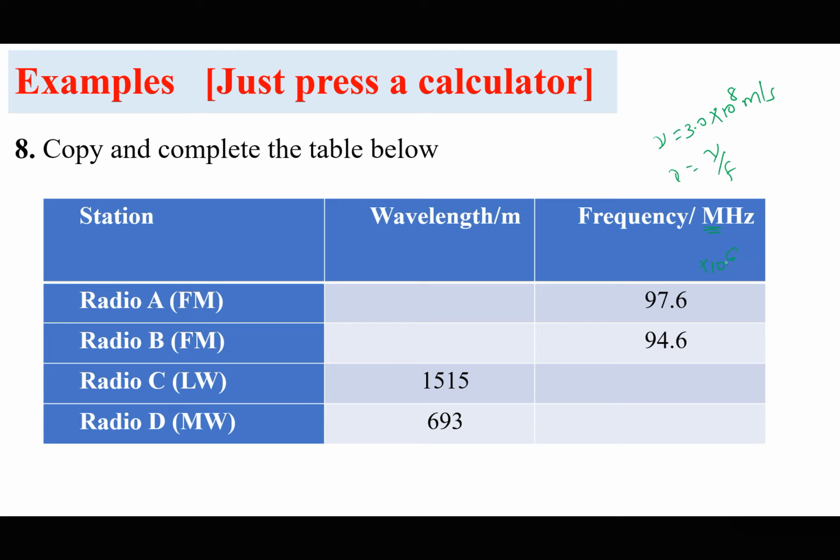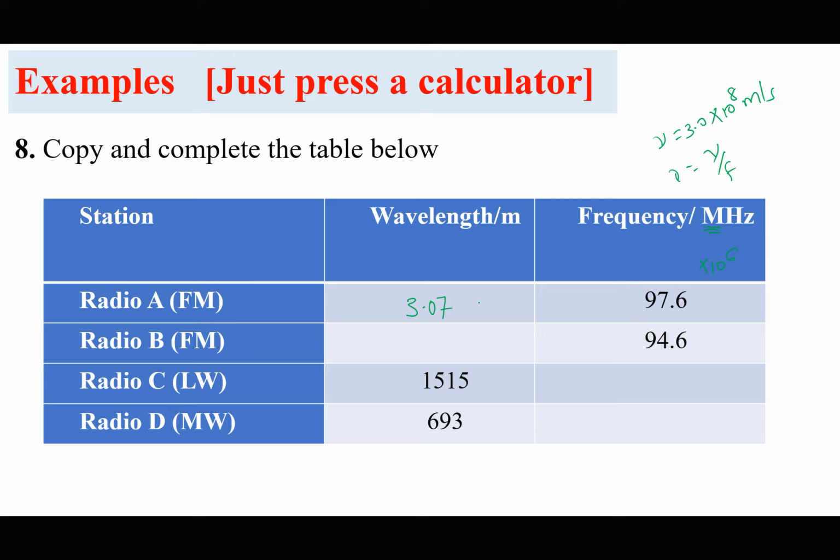So I'm just pressing my calculator to find the wavelength. So for the first one, speed is 3 exponent 8 divided by 97.6 exponent 6. So this is 3.07.